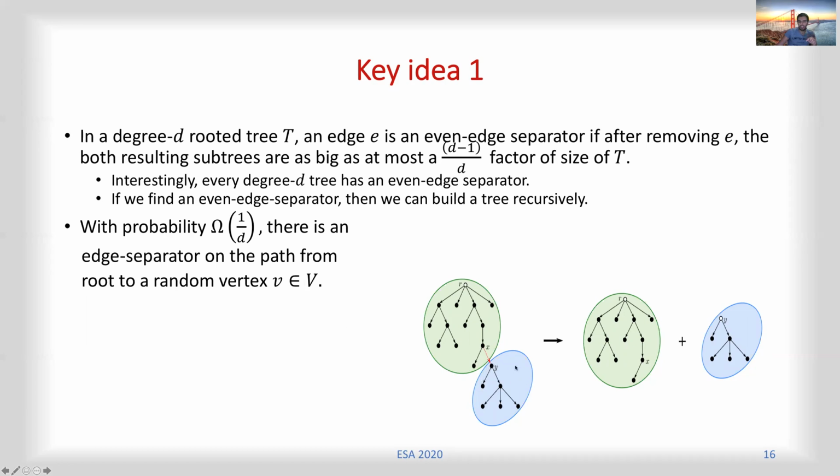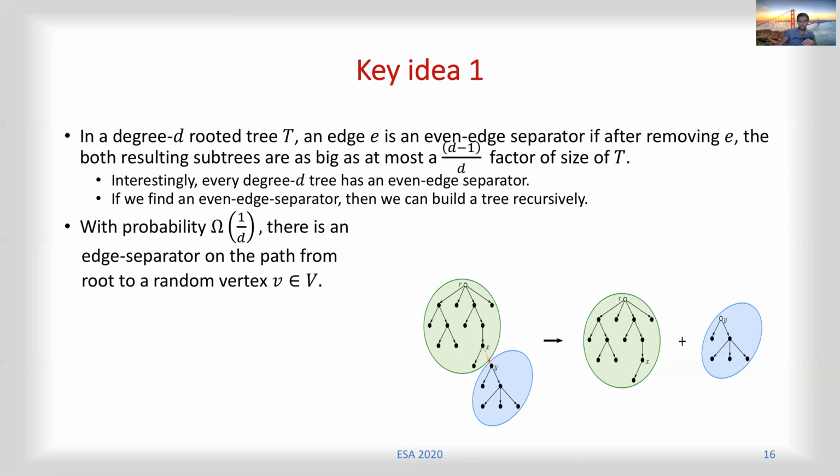If we pick v from the blue subset, then any path from root r to that node contains the edge xy, and as we know that each of these two subtrees has size at most a (d-1)/d factor of T, each of them should also be at least a 1/d factor of the original size of the tree.